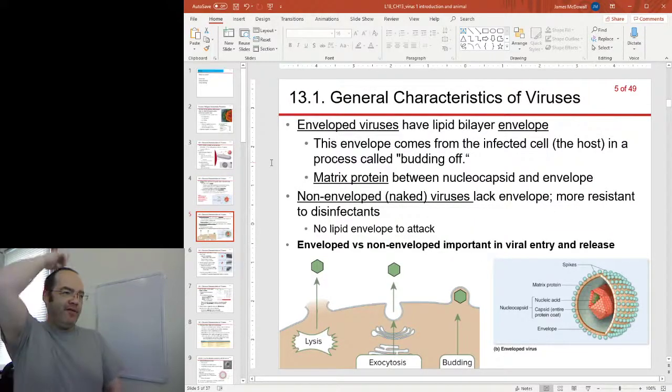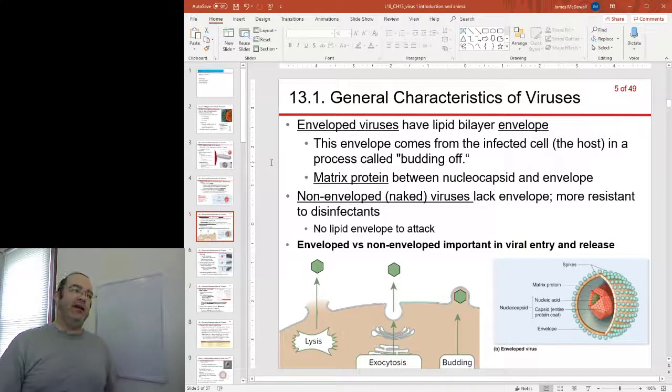On to slide 5. The difference between enveloped viruses and non-enveloped viruses. Enveloped viruses have a lipid bilayer envelope around them. So there's the genetic material inside the capsid, and then on the outside surrounding the capsid is another layer, and it's typically made of the same stuff that cell membranes are made out of.